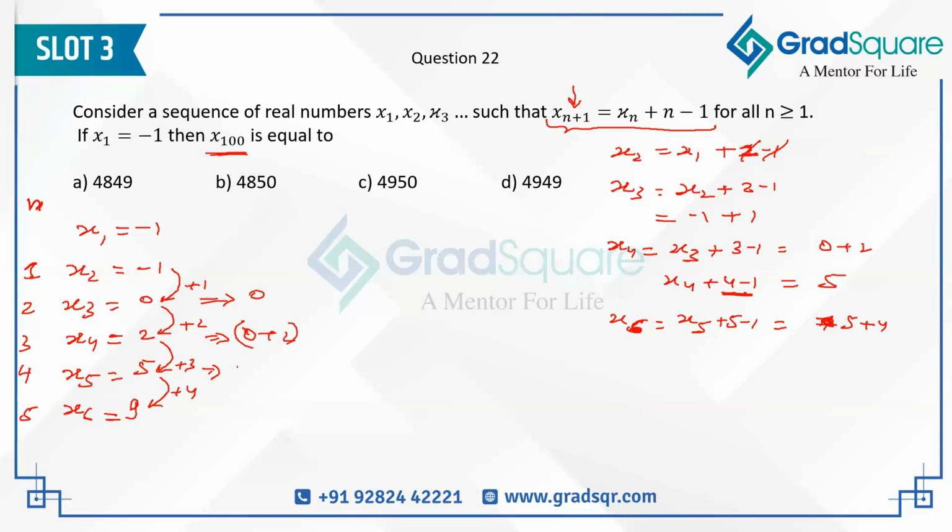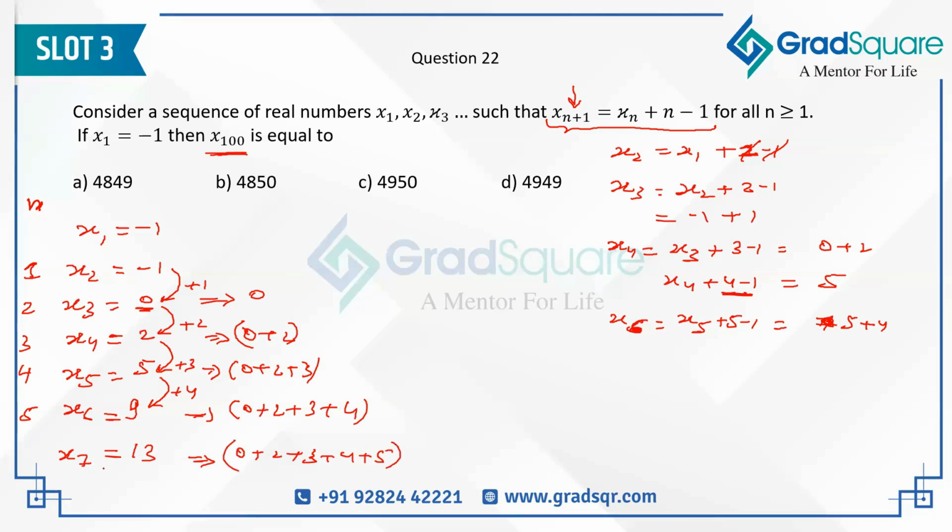Then what about 5? 5 will turn out to be 0 plus 2 plus 3. What about 9? 9 is turning out to be 0 plus 2 plus 3 plus 4, right? 4 plus 3, 7 plus 2, 9. So next should be 13, correct? And 13 will be x7. That will turn out to be 0 plus 2 plus 3 plus 4 plus 5, correct?